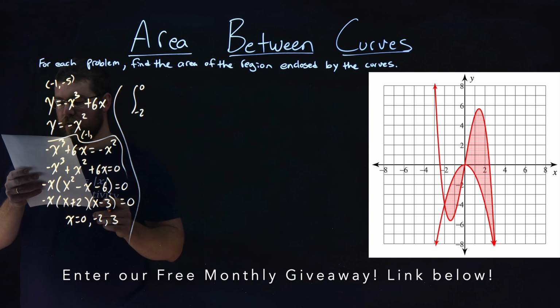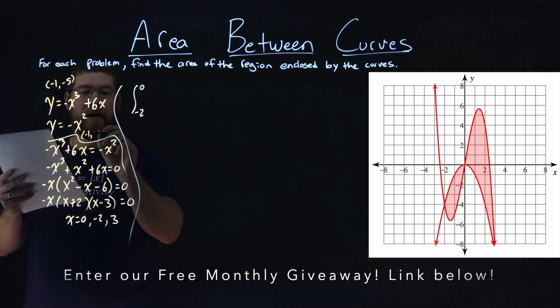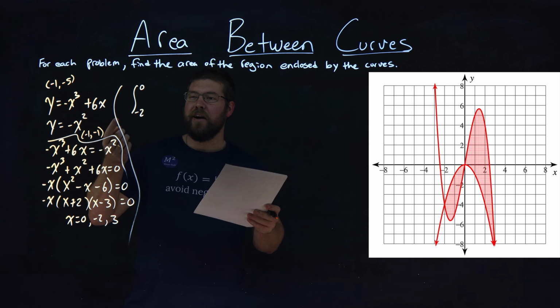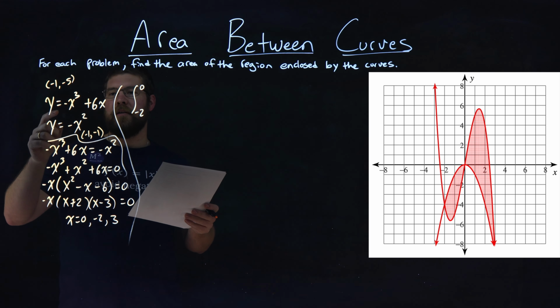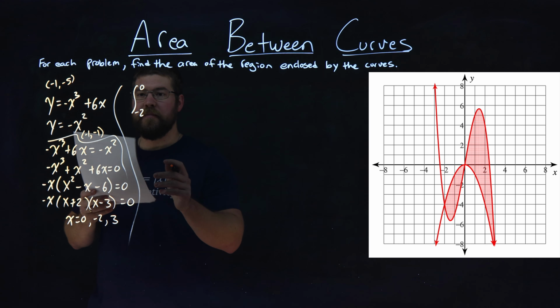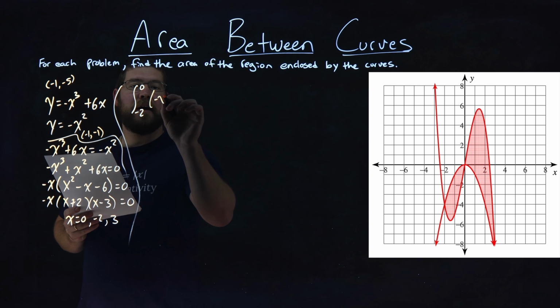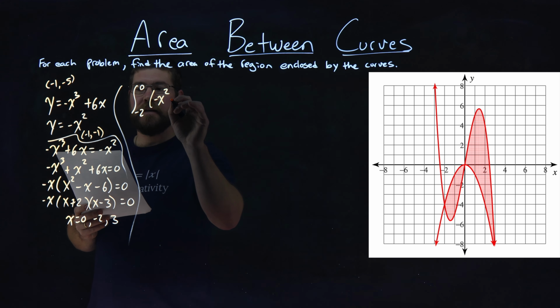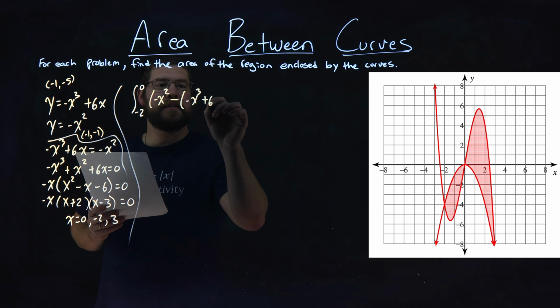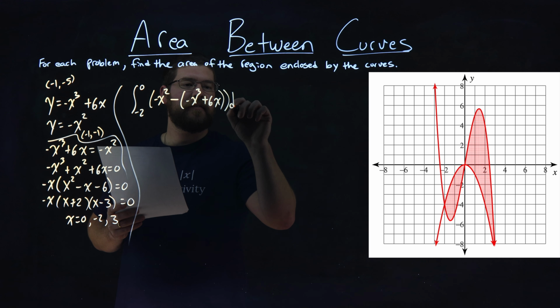The second equation, negative 1 for x, gave me an output of negative 1. That means negative x squared is above the first equation, negative x to the third plus 6x, over that interval. So when we write this integral, we have negative x squared minus the first equation, negative x to the third plus 6x, dx.